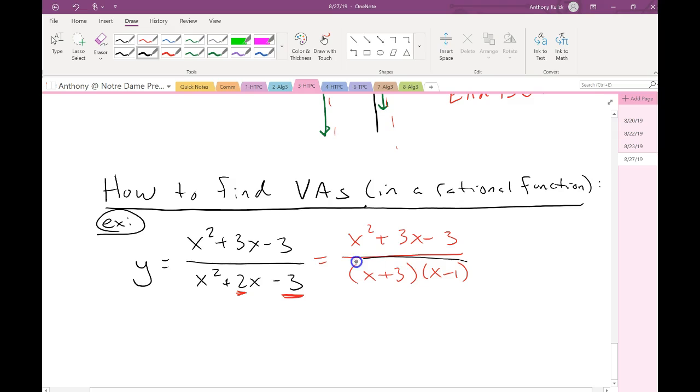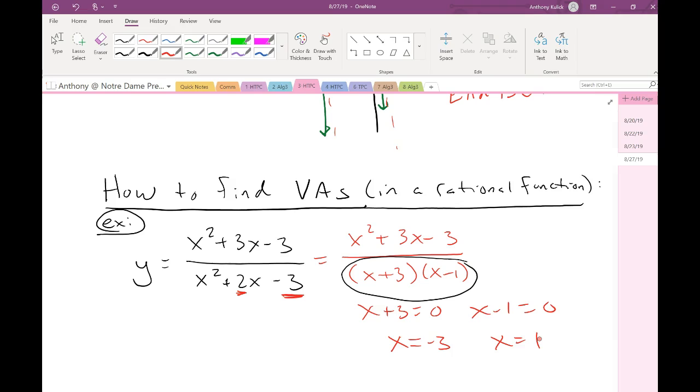So then we would just set the denominator equal to 0 and solve. And since they're being multiplied, setting the denominator equal to 0 is equivalent to setting each factor equal to 0. So we get vertical asymptotes at -3 and +1. And if you went back to the graph that we sketched above, you would notice that that matches.